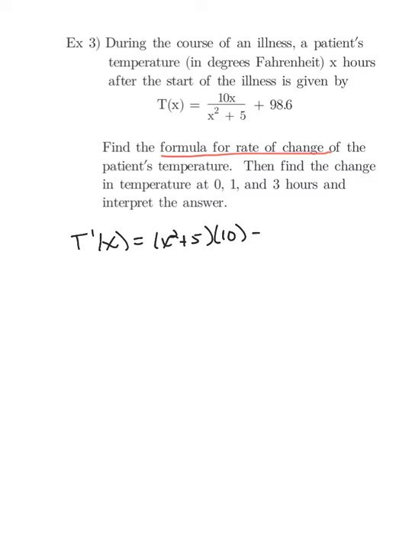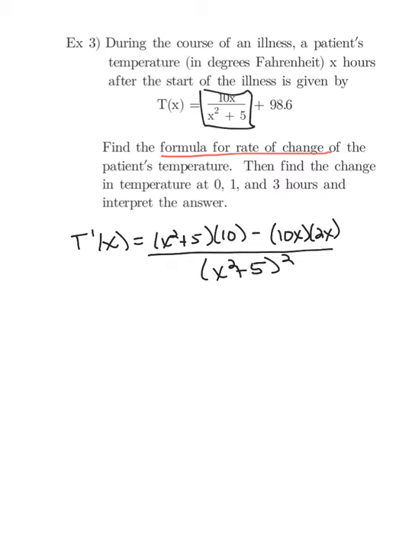Always minus, then the high as given, 10x, times the derivative of the low. Derivative of the x squared plus 5 will be 2x. All that goes over the entire denominator, x squared plus 5, being squared.